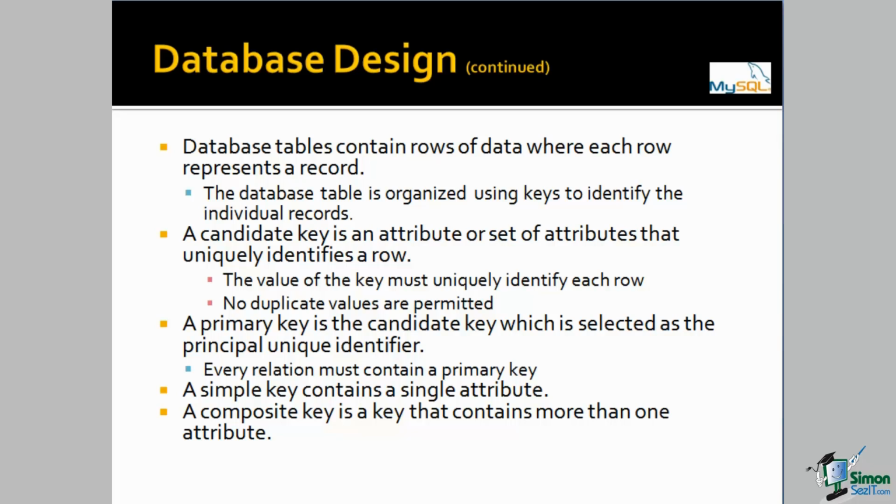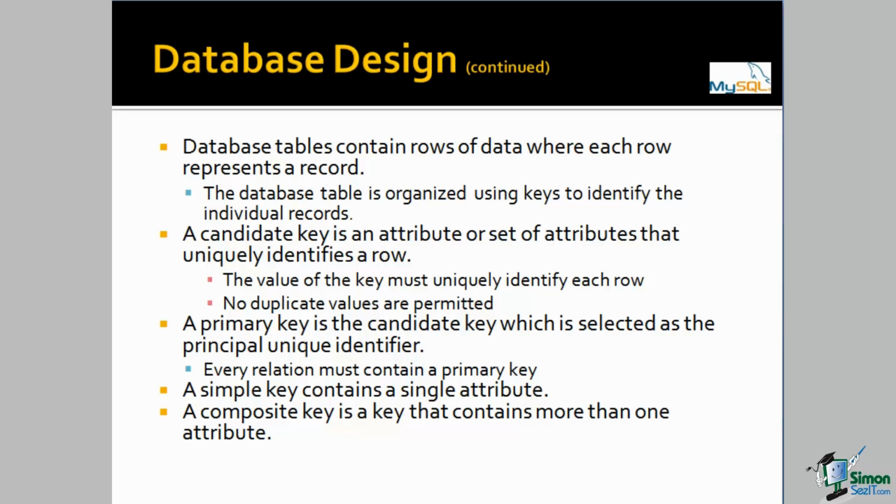When we talk about keys, there are candidate keys, which can be a single attribute or a collection of attributes that uniquely identify the row. There could be more than one candidate key. We select one of those candidate keys to be the primary key.